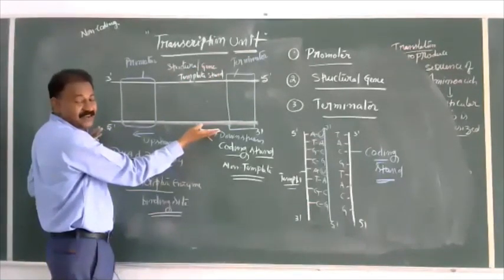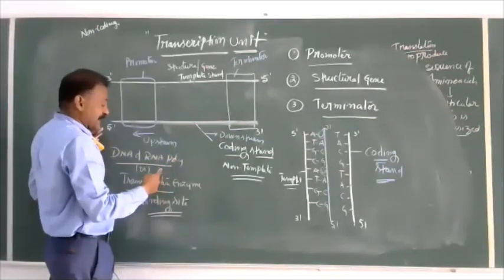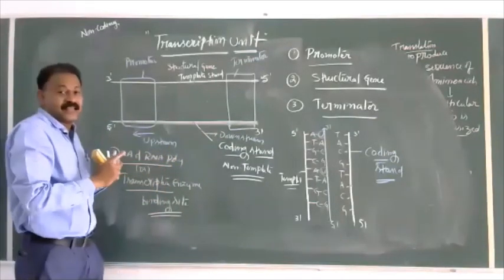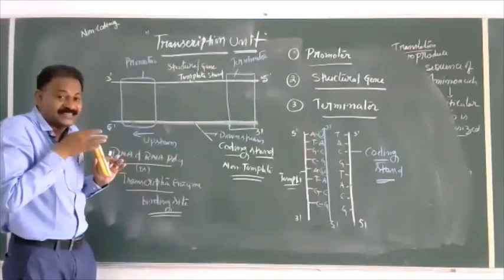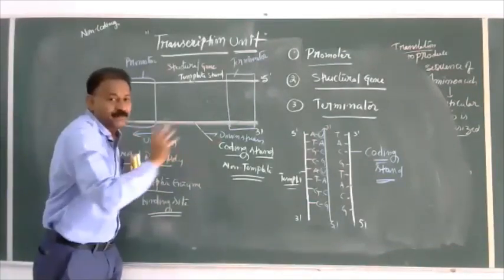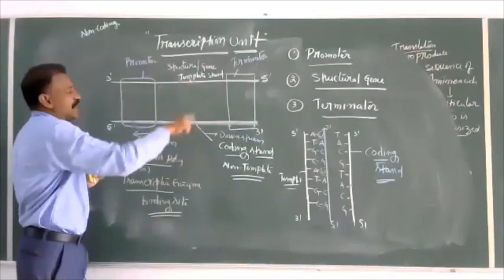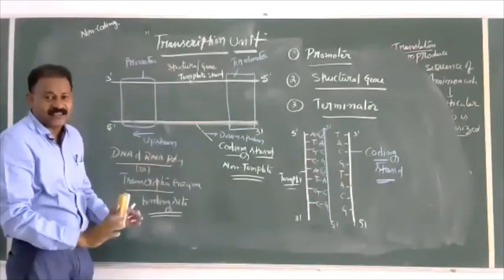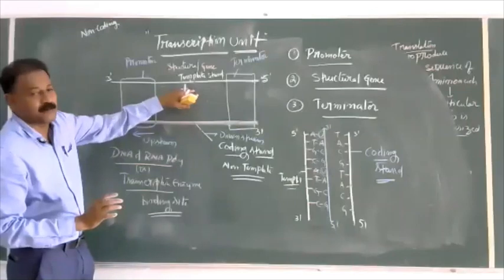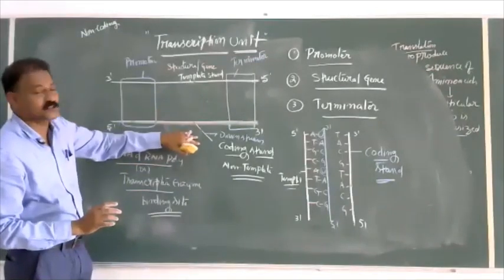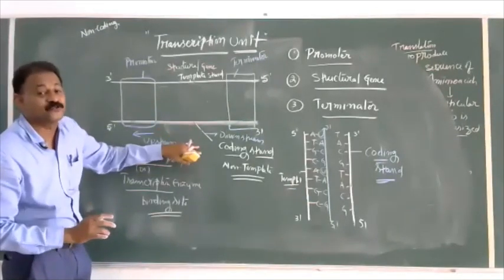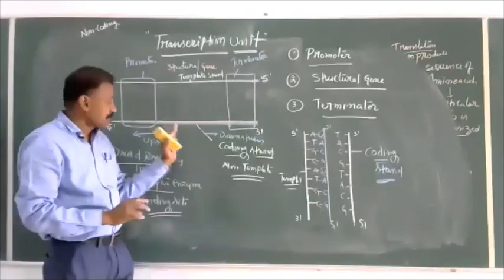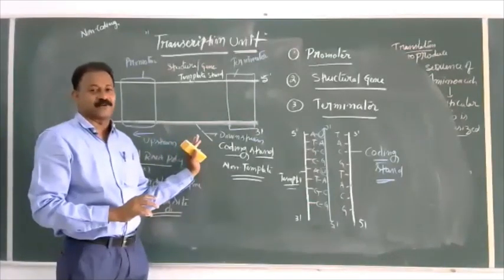Always, DNA dependent RNA polymerase enzyme has polymerase activity in the 5' to 3' direction, and these two strands are antiparallel to each other. So always one is a template strand and the other one is the coding strand, and the reference should be taken as the coding strand's polarity.